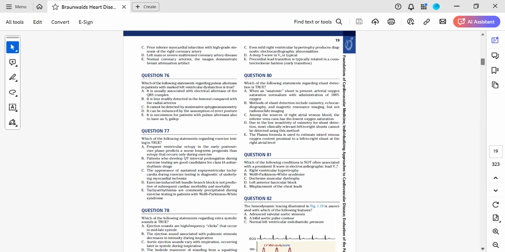This single photon emission computed tomographic images demonstrate transient ischemic dilatation of the left ventricle during stress. The size of the left ventricular cavity appears larger in the exercise images than in the rest images. This phenomenon is typically due to extensive exercise-induced ischemia with transient LV dysfunction and dilatation.